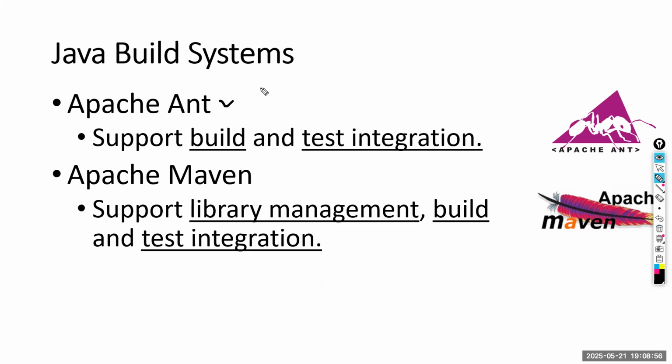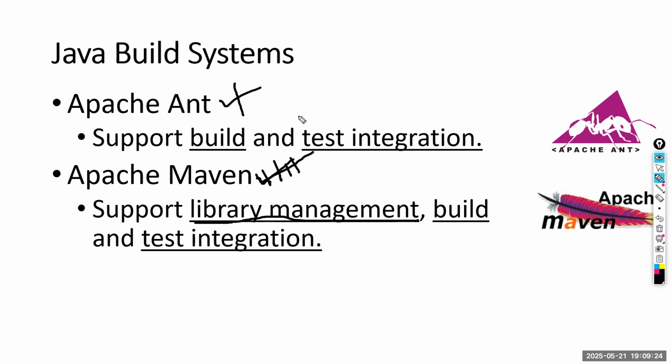Ant is the old approach, Maven is the new approach. With Maven, you can do whatever you can do with Ant. Plus, Maven has library management and dependency management. If your application refers to other Java files or other frameworks, it's easier to work with Maven. Therefore, these days, people very rarely use Ant. Rather, we mostly use Maven.